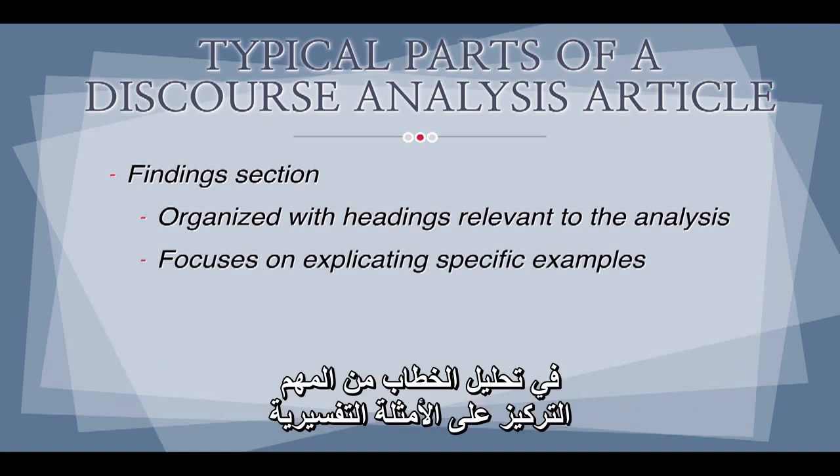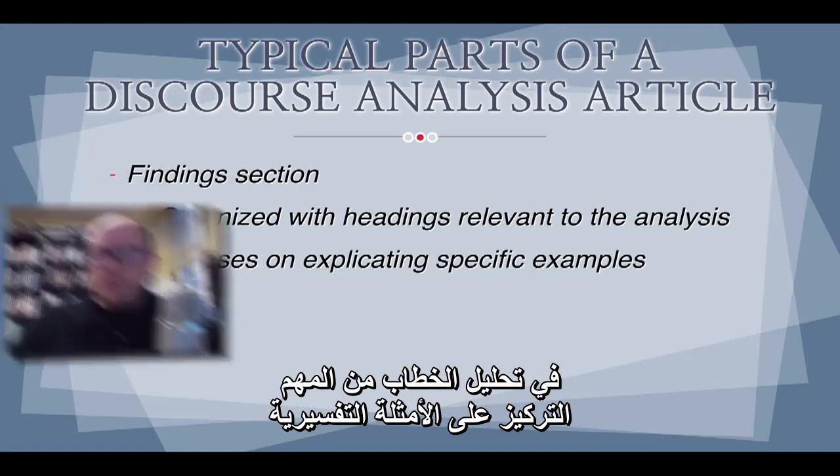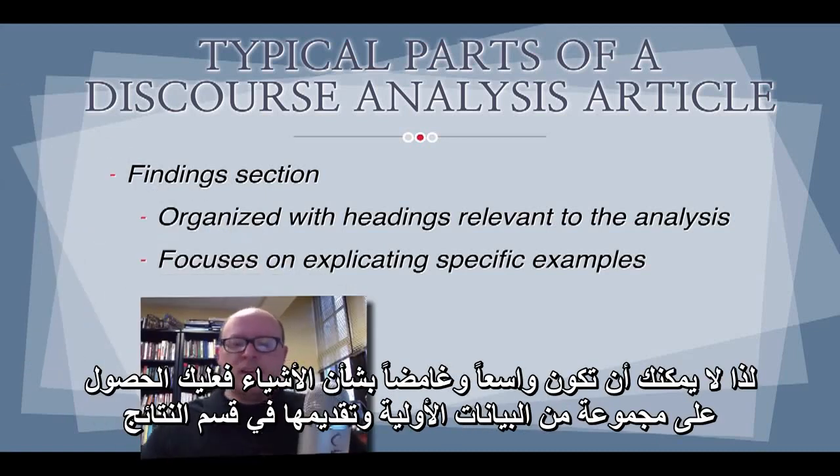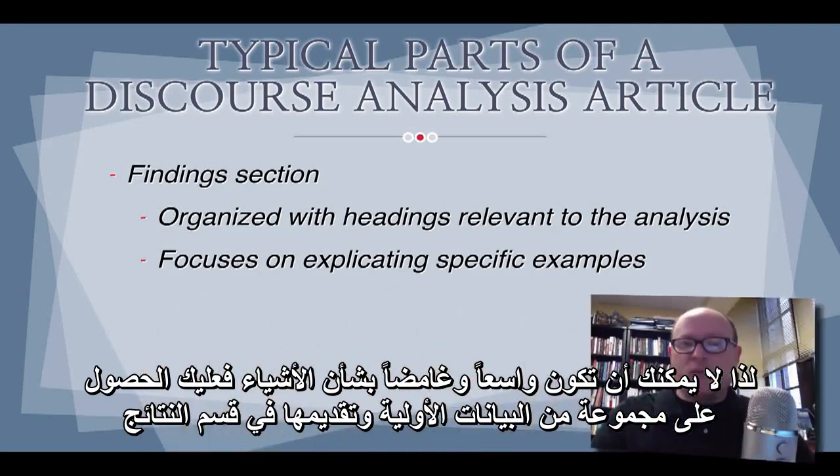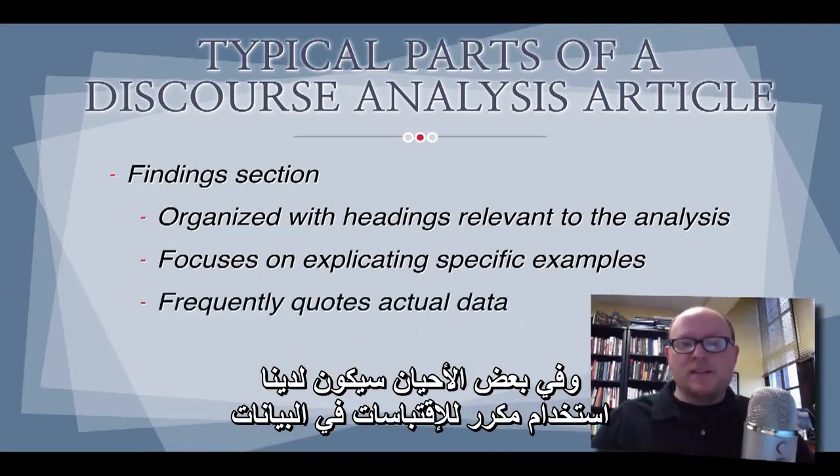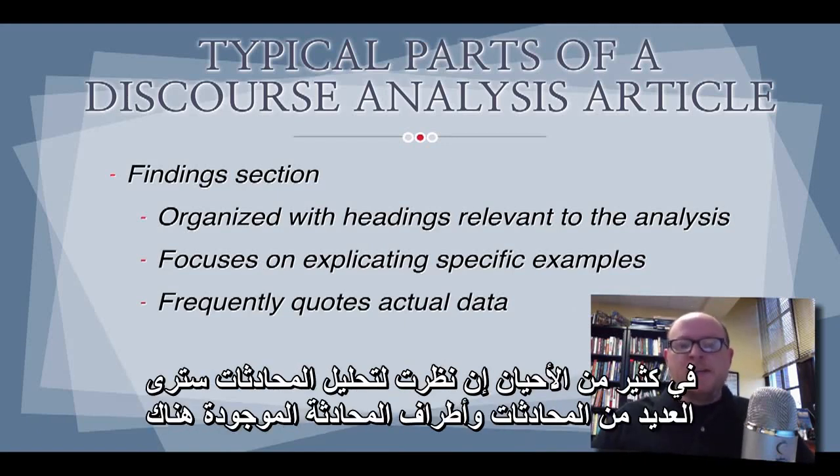Now, in discourse analysis, it's very important that you focus on explicating specific examples. So you can't be really broad and vague about things. You actually want to have pieces from your data, raw pieces of data, present in the actual findings section. And oftentimes that's going to be the frequent use of quotes from the data.